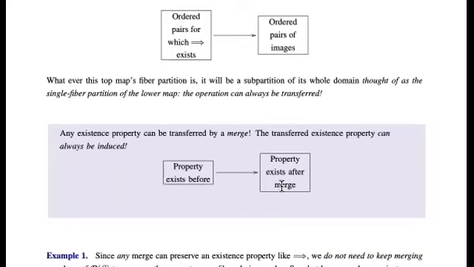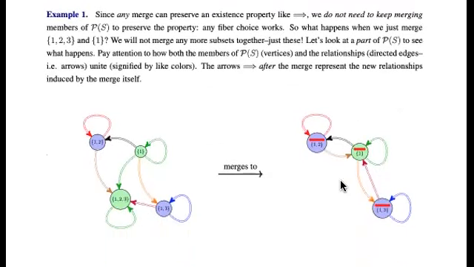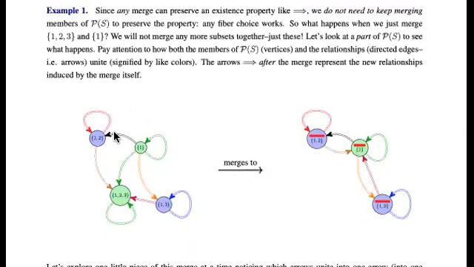Any existence property can be transferred by a merge. Property exists before, property exists after merge, with the basic setup that we've given. So here's our first example. Suppose we have this structure of arrows and objects.